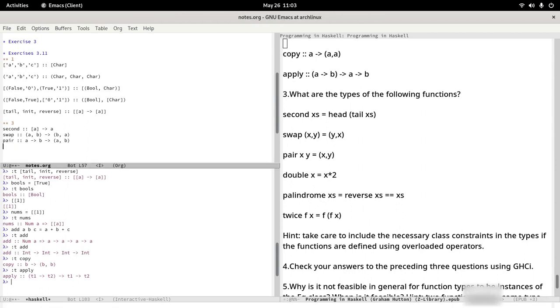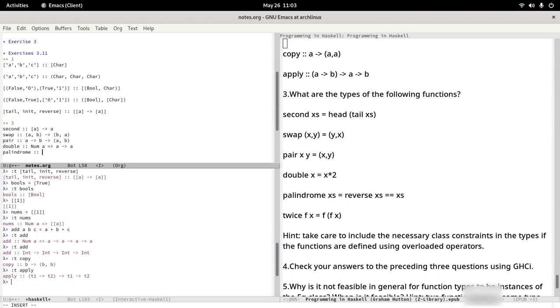Double. How do you write that? Is Num A, from A to A. Palindrome is from strings.